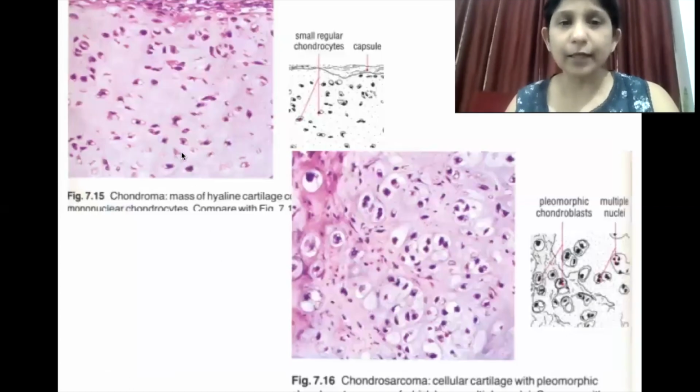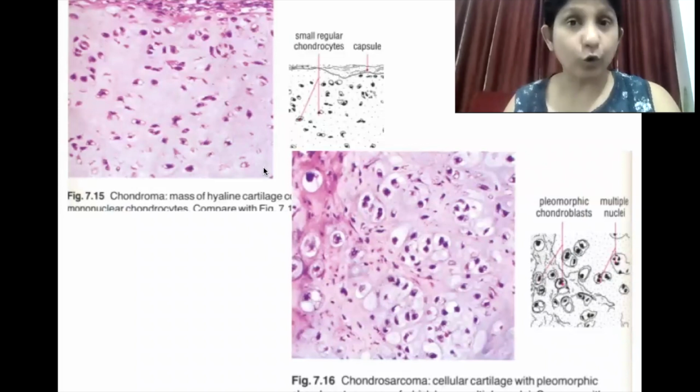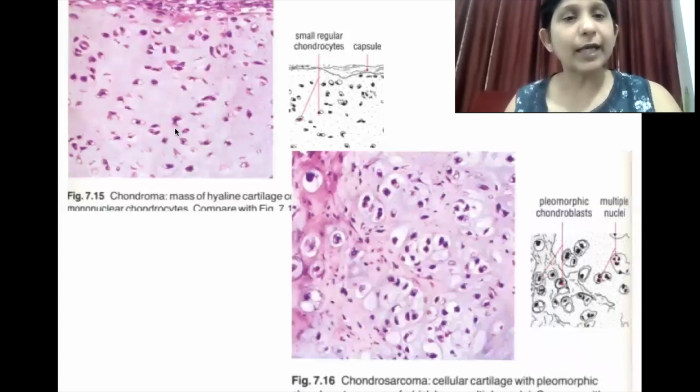Now this picture is shown just to show you the difference between a benign chondroma and a malignant chondrosarcoma. The picture on top shows a benign chondroma where you can actually see the chondrocytes in the lacunae and they are spaced out. They are small in size and regularly shaped.